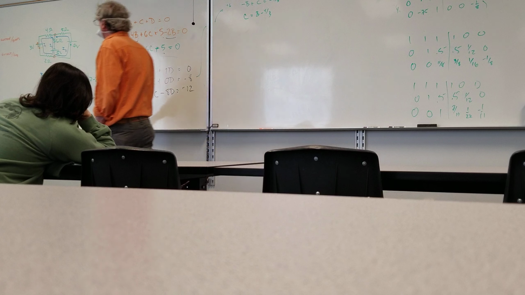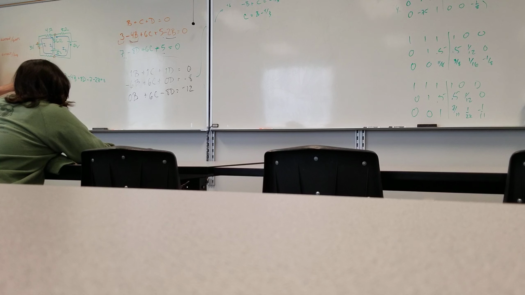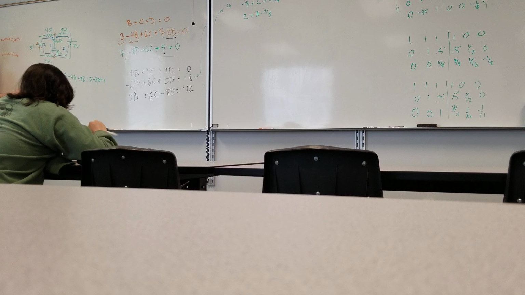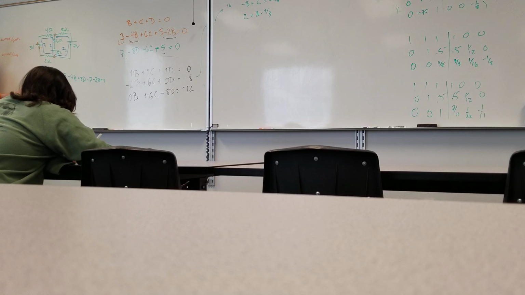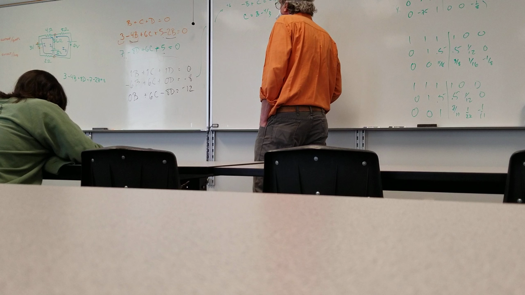All right, what do you have for b, c, and d? I have b as 10/33, the second one as negative 34/33, and the last one is 8/11. I basically just set it up as a matrix in the calculator.